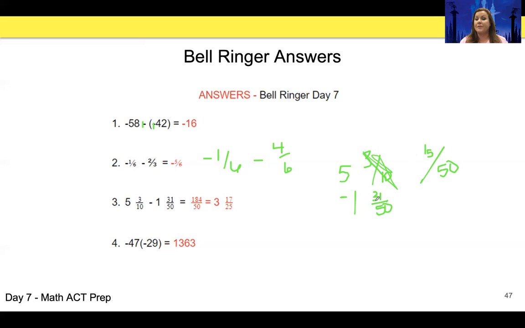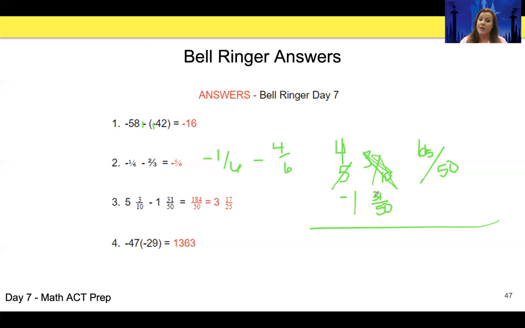But you can't do 15 minus 31. So what we have to do is borrow a whole number from here. And when we borrow a 1 from there, then we're adding 50/50ths here. So this now becomes 65 because we're adding 50 to the top.